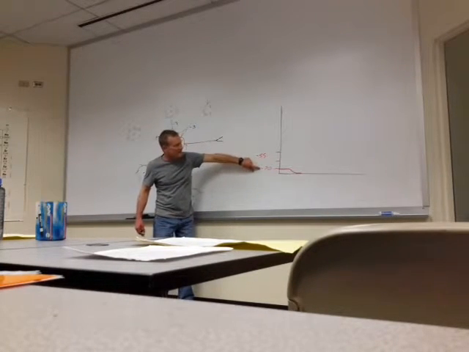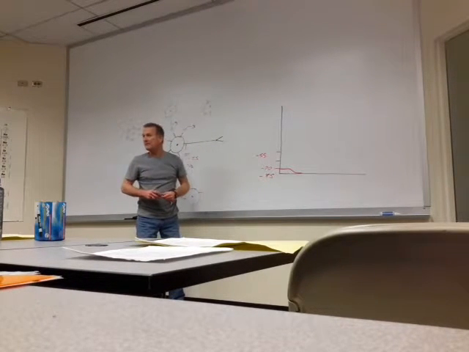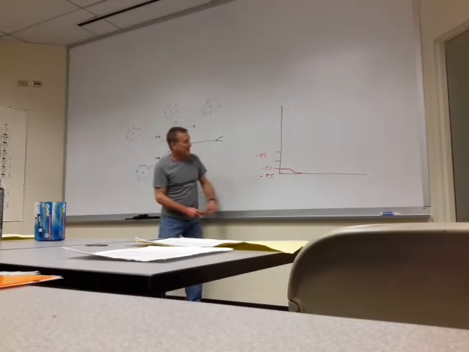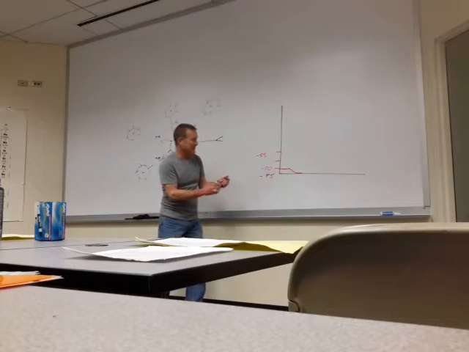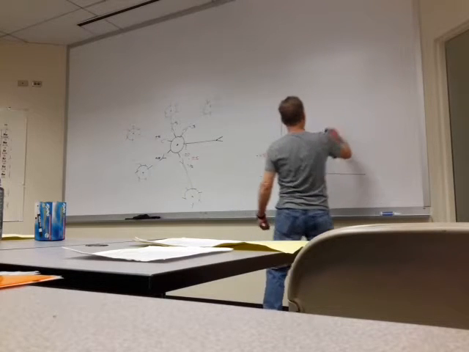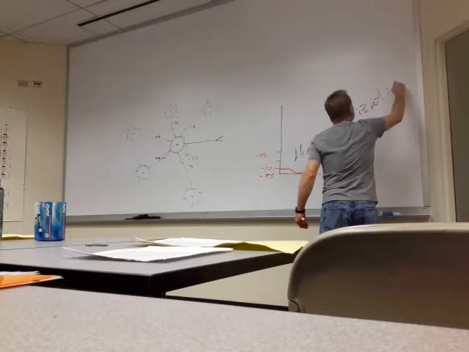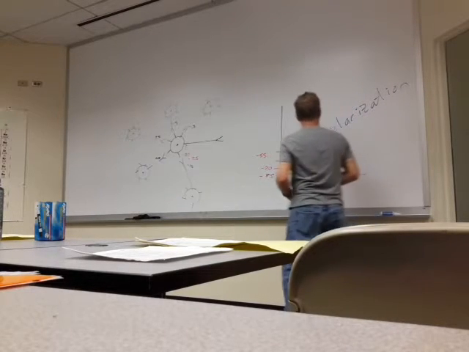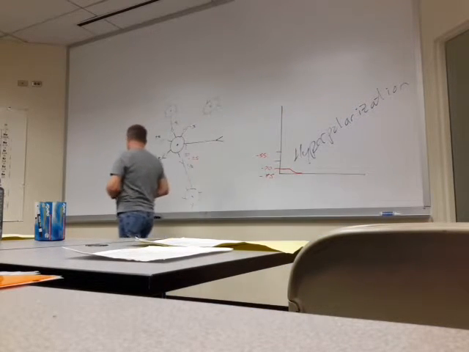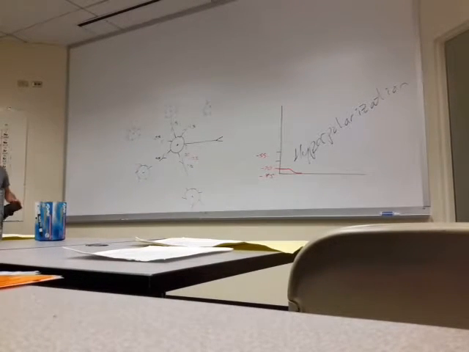So we're polar at -70. Well, now at -75, are we more polar? So what happened here is called hyperpolarization. Hyperpolarization. Translation, we're further from threshold.